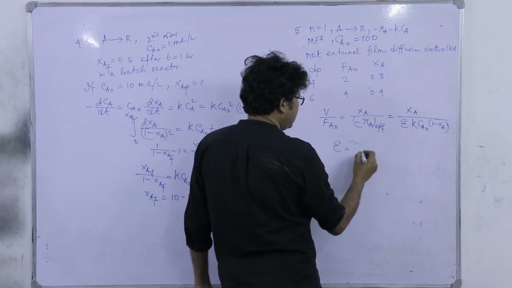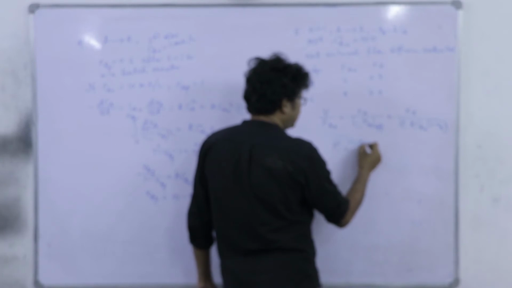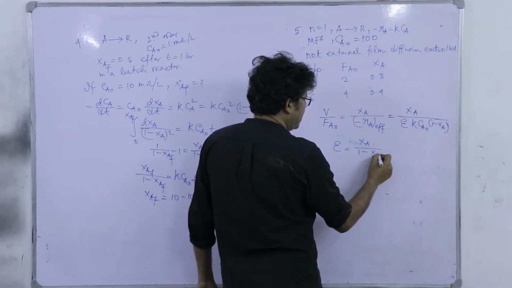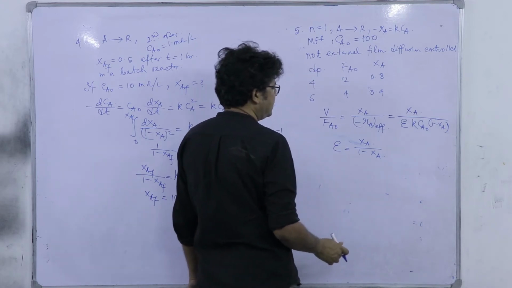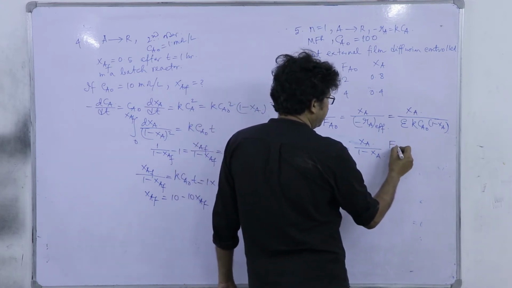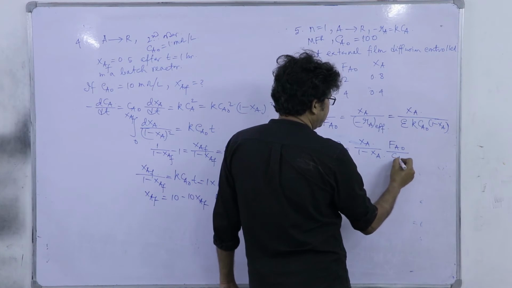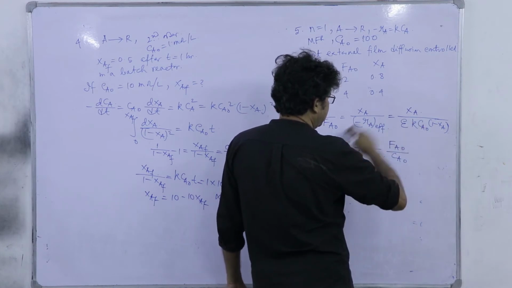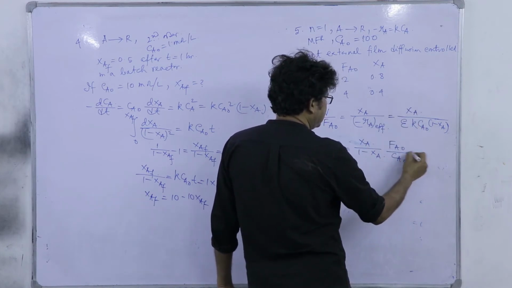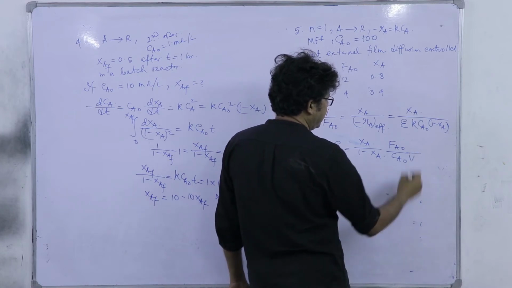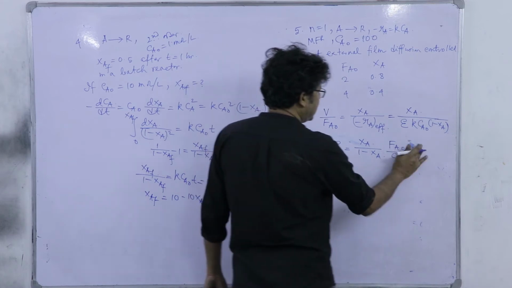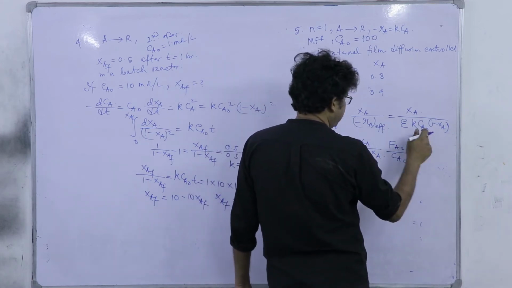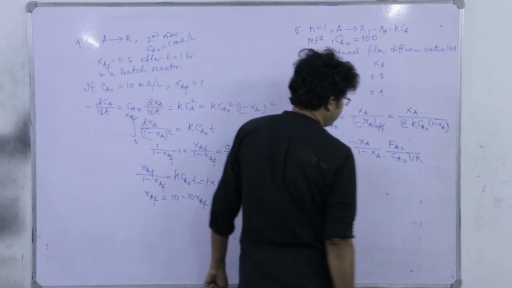So, epsilon is equal to Xa by 1 minus Xa, into Fa naught by Ca naught, here V, and here we will have K. Sorry, K will be in the denominator. V is going to the denominator, V into K.